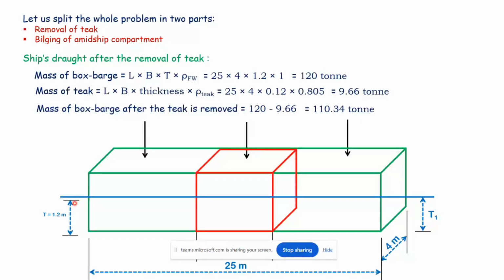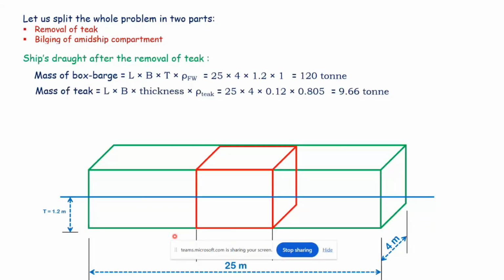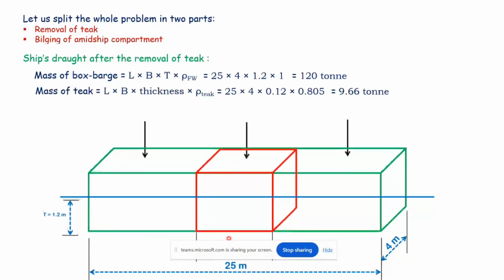In this case, we are so far not considering the bilging of the compartment. After the damage and removal of teak, the ship sank down in the water because of a little loss of buoyancy. Let's say the ship is now floating on a new draft T1. Clear up to here?